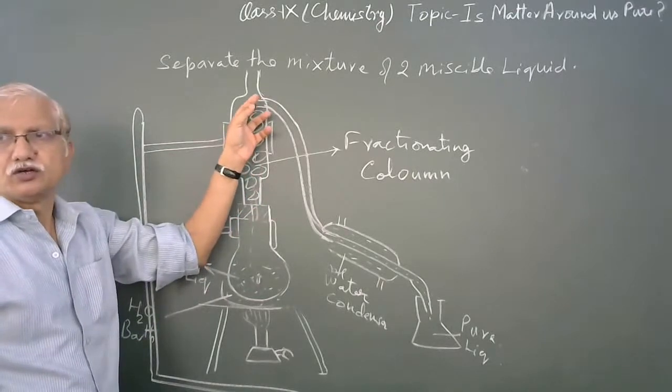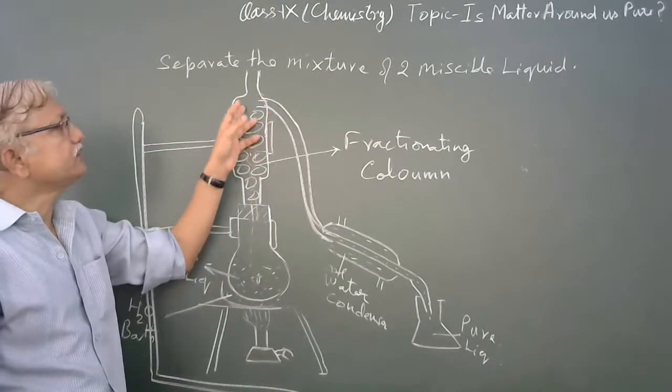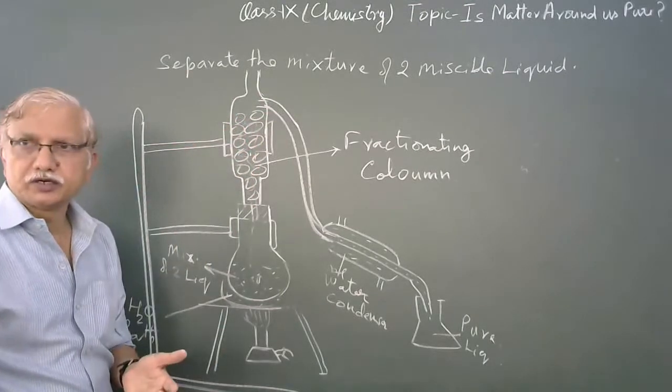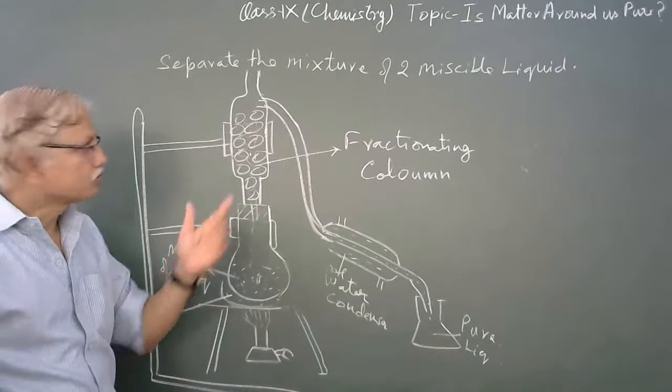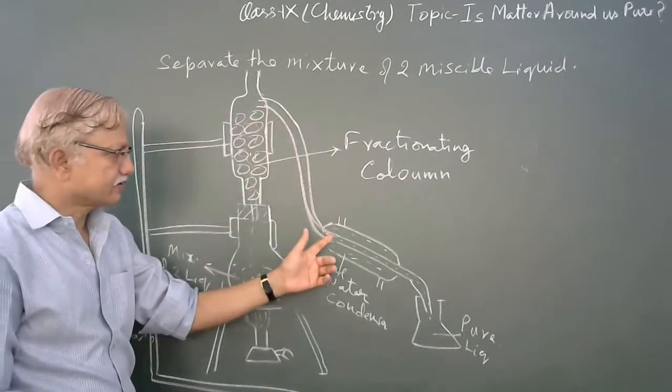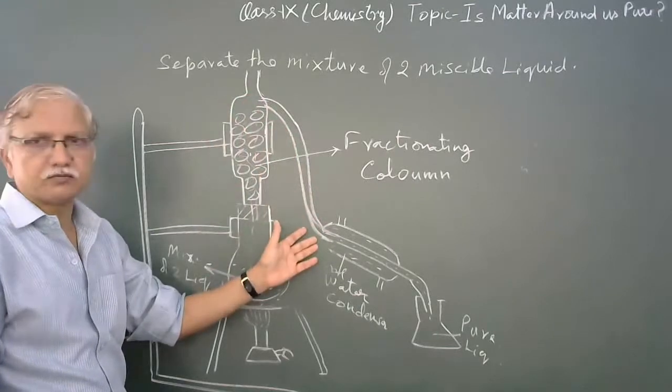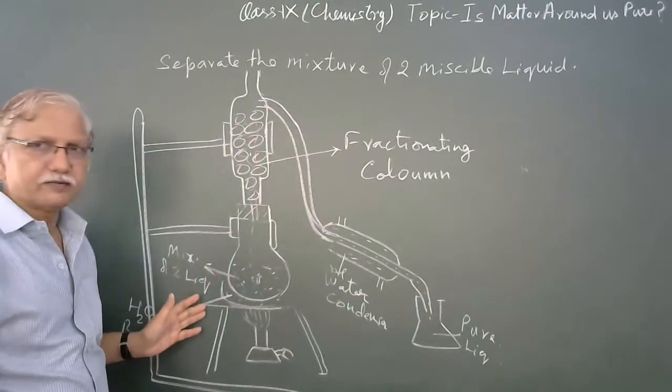During this duration, these vapors get cooled. Correct? Vapors get cooled, and we get separation. First we collect one component, then we collect another component, because we maintain a temperature.